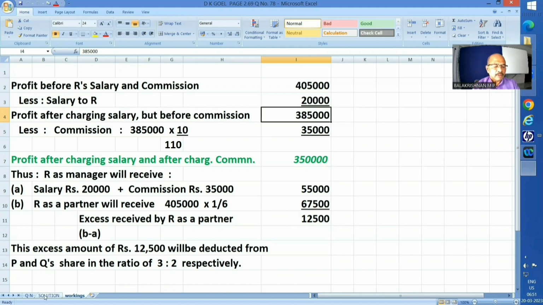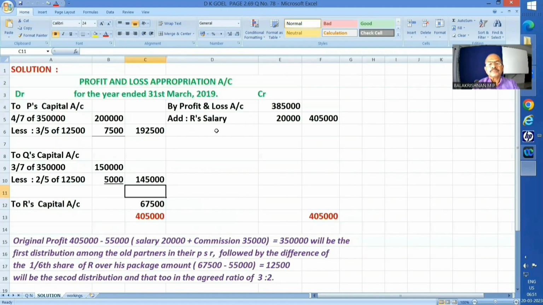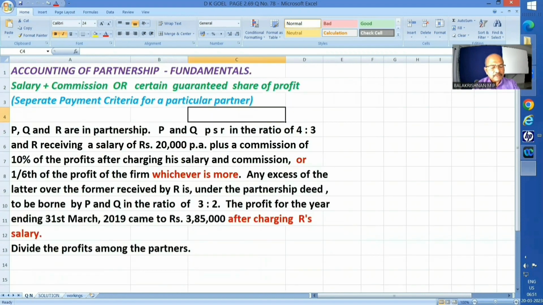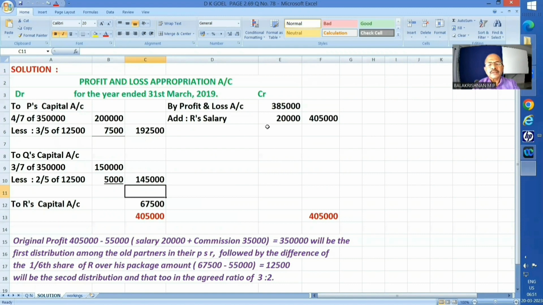Okay. Now let us go back to the account. We have brought down 3,85,000 as has been given in the question, and we have added back the salary 20,000. Why did we add it back? Because in my working, alternative B is what is relevant, so the expenditure, salary or commission, must not be booked in the P&L appropriation account.